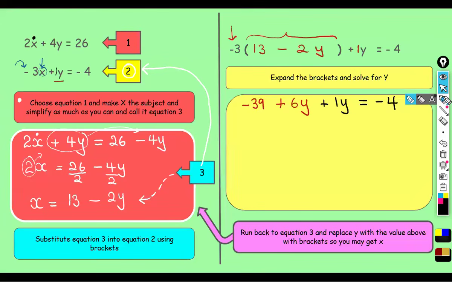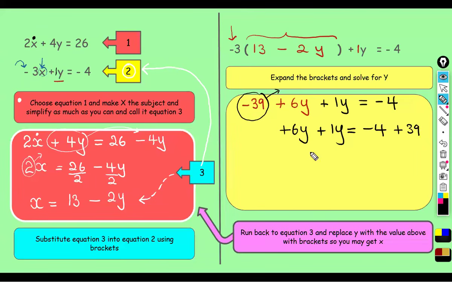So we want to solve for y. We're going to take this minus 39 and throw it across. So you have positive 6y plus 1y. You have minus 4 here. We're about to throw across the minus 39 to get positive 39. 6 plus 1 is 7. So that's 7y.